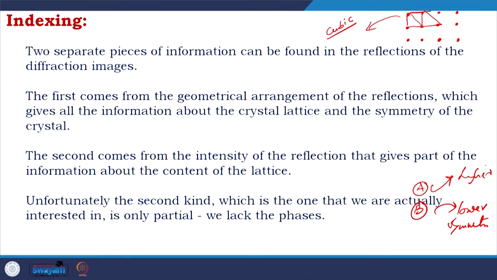The second comes from the intensity of the reflection. Yes, unfortunately, the second kind is the one that we are actually interested in. So, this is what indexing is. The second one we will discuss later in the next module. Here we lack phase.